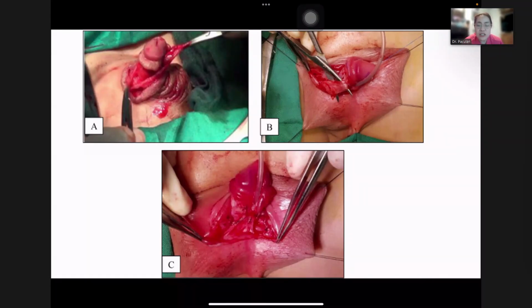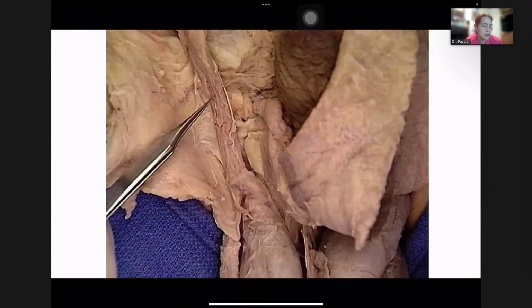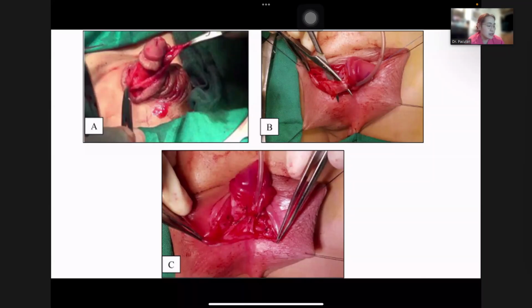What do you call the fascia that covers the penis in this image? That is actually your dartos fascia.